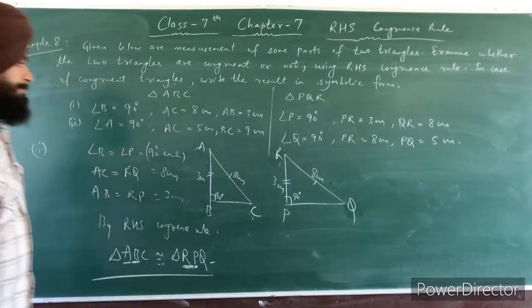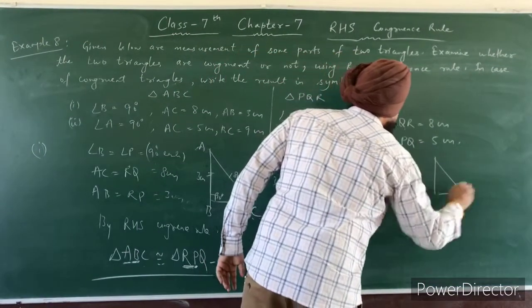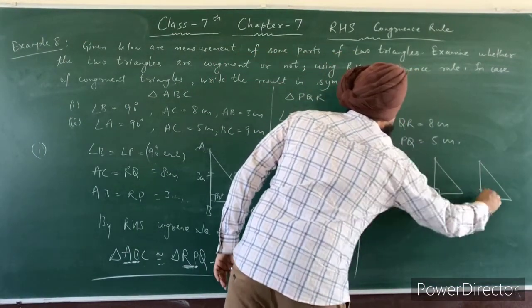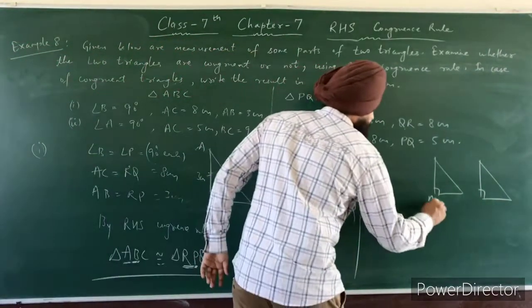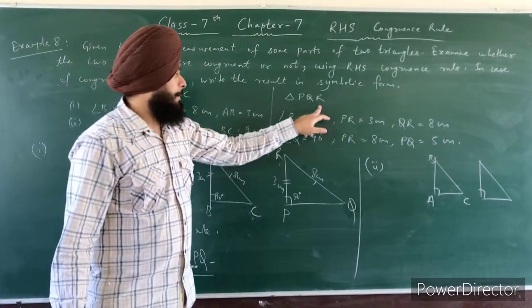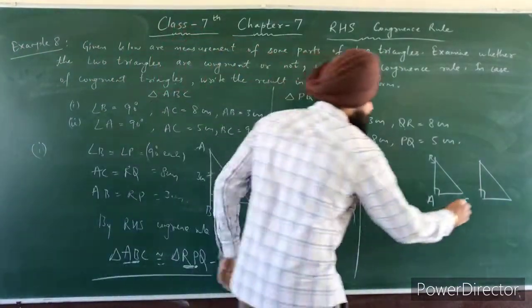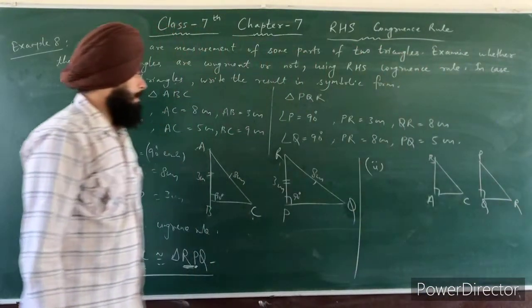In the second part, again draw two triangles. Measure of angle A is 90 degrees. Here is B and this is C. And on the other side, in triangle PQR, angle Q is 90 degrees. This one is Q, here P, here R. Clear?